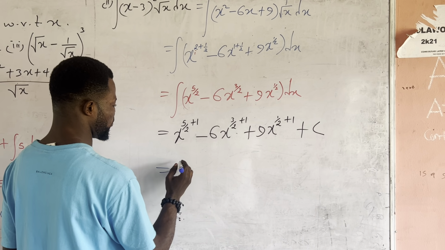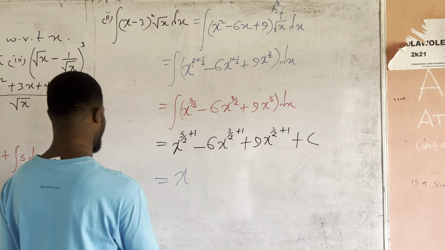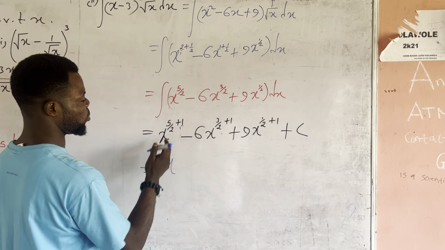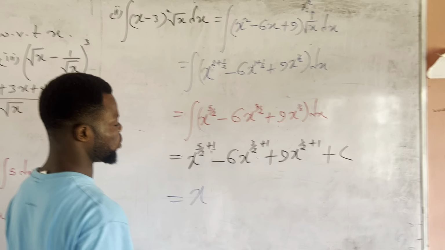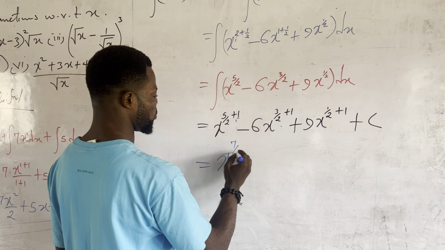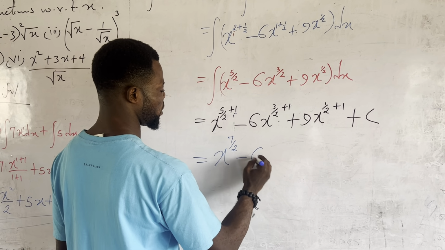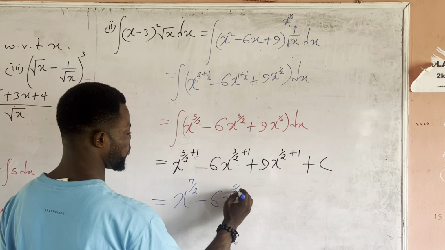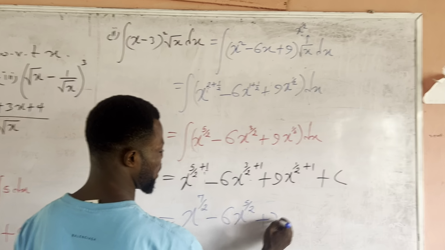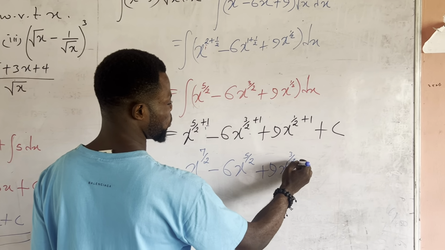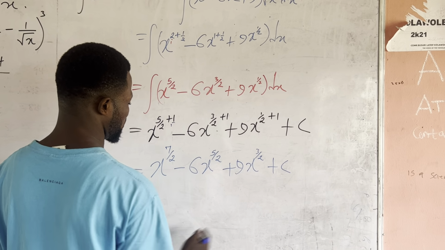So this will give us x raised to the power of 7 over 2, minus 6x to the power of 5 over 2, plus 9x to the power of 3 over 2, then plus c.